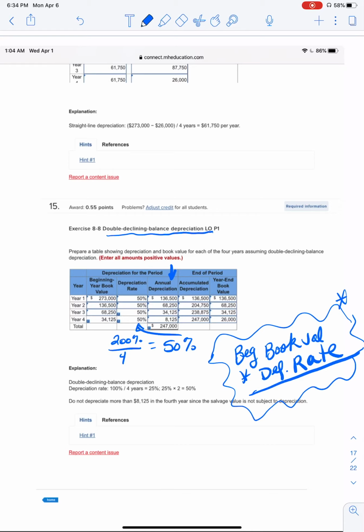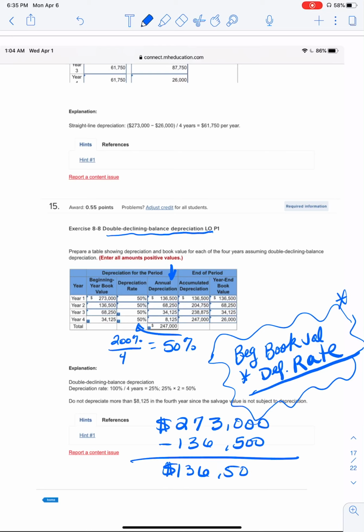So in this case, my annual depreciation is $136,500. My accumulated depreciation in year 1 then is just that same $136,500. And if I was to take my cost of $273,000 minus $136,500, what I would be left with then is $136,500, and this will flow through to right there. And that's all we have for year 1.